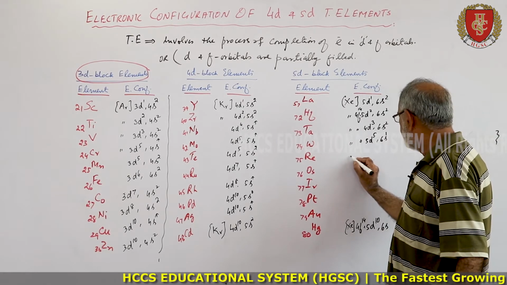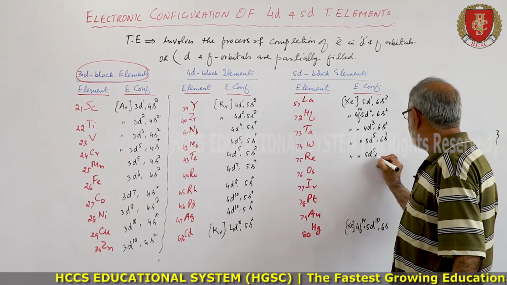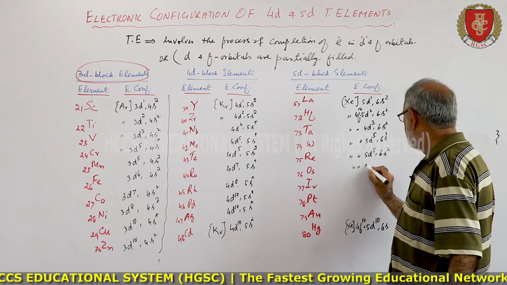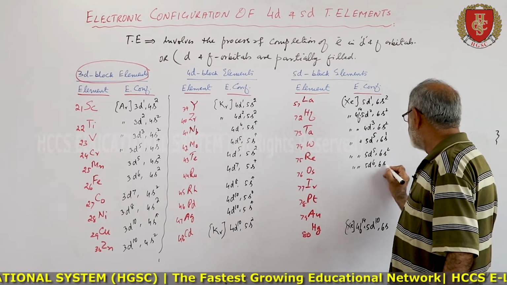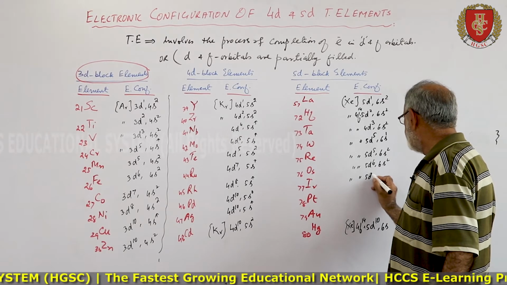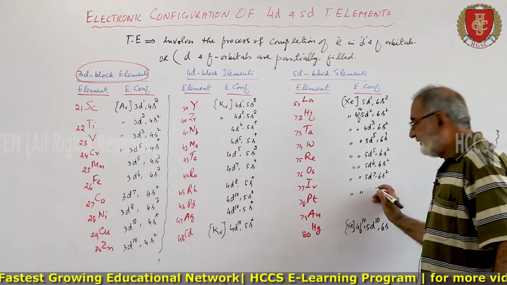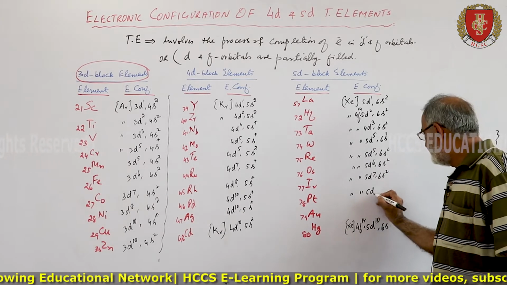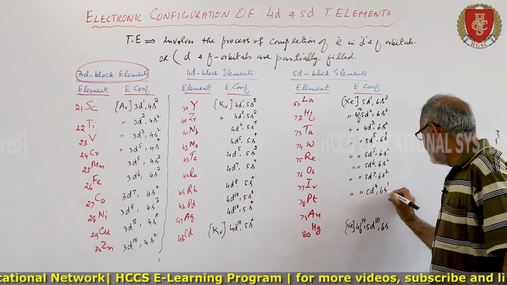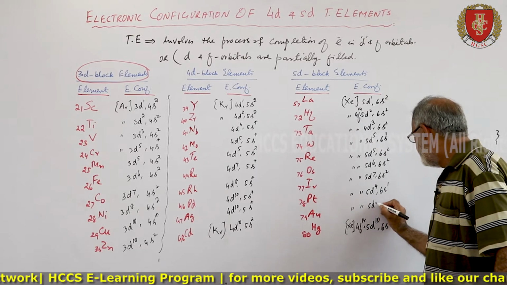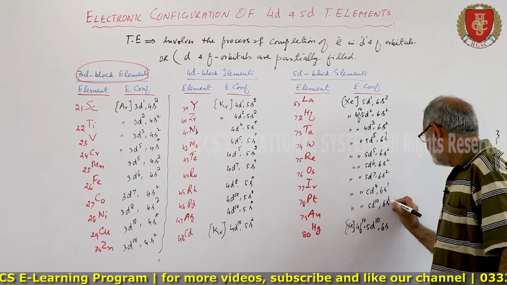Now this is 5d5 6s2, 5d6 6s2, 5d7 6s2. Now here in this case 5d9 6s1, 5d10 6s1.